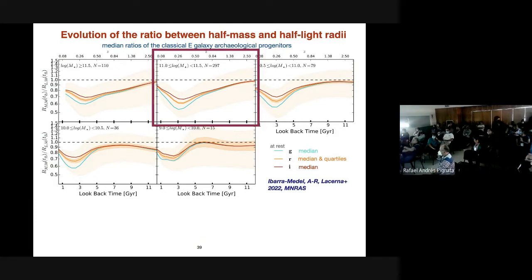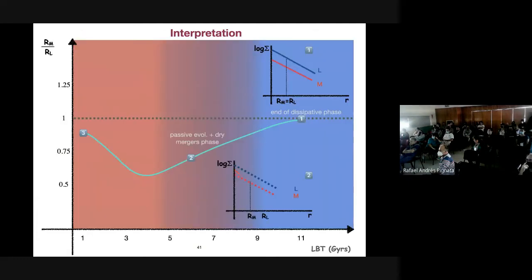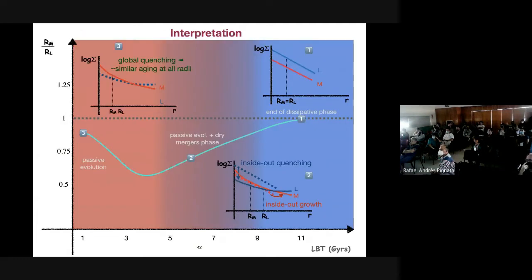This means that the half-light radius becomes larger than the half-mass radius, more and more, up to the time when the galaxy completely quenches, even the outer regions quench, and in this case the light distribution already tends to be like the mass distribution because the galaxy is quenched. Yeah. So this was to explain that, but I will not have time for that.